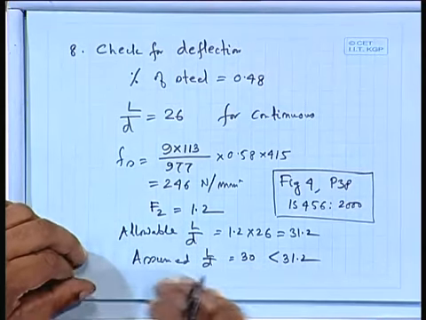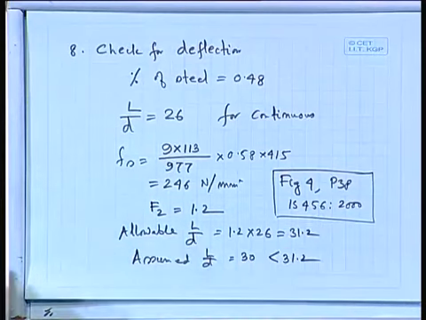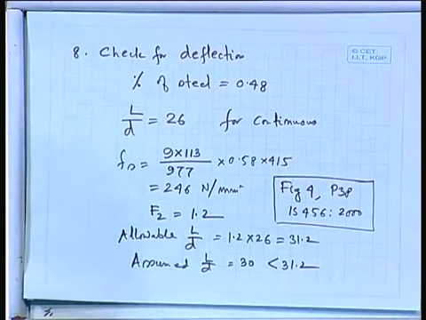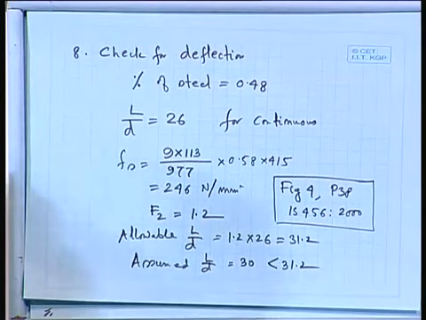One more check is there, related to cracking. These come from the serviceability limit state. One check comes from the L by D ratio, and the other check comes from the spacing. You have to check whether the spacing is less than 3D or not, and whatever we have provided, say 9 bars in 1500 millimeter, you will find is less than 3D.